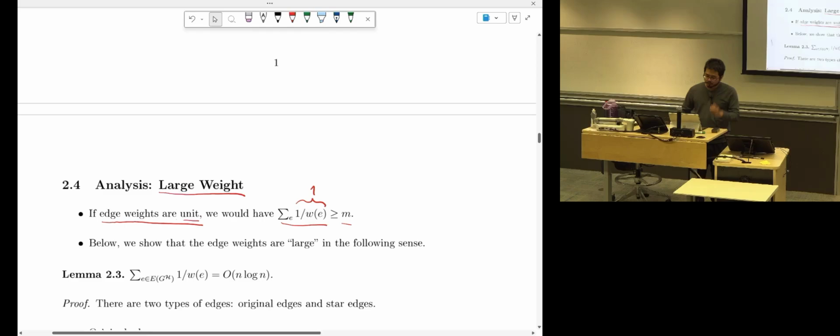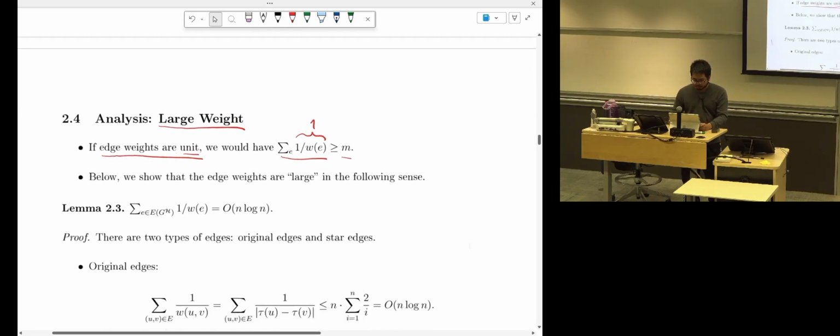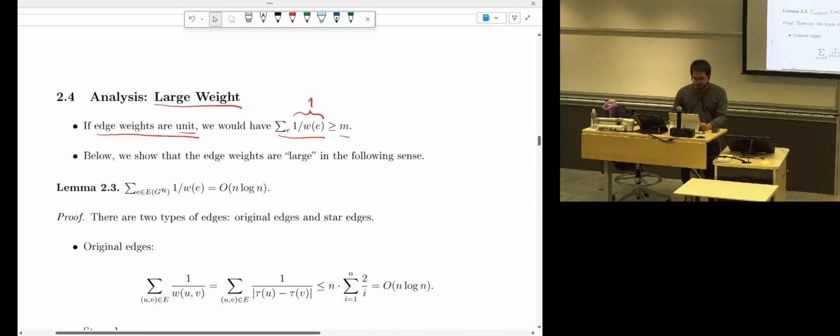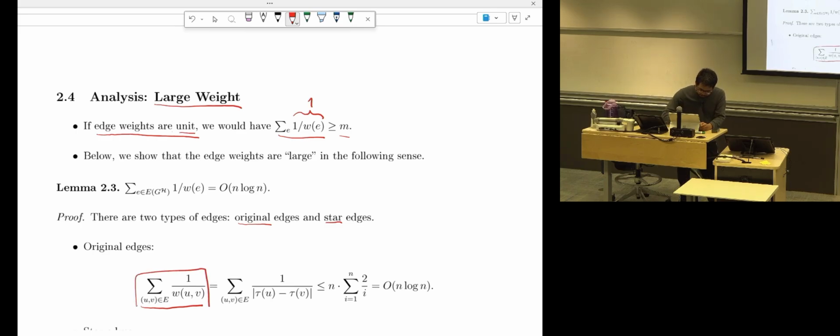And that is not too hard to show. We have seen this for some time. There are two types of edges, the original ones and the star edges. For the original ones, if I sum over all original edges, by definition it's just this.